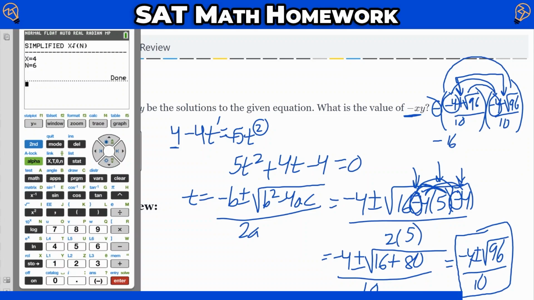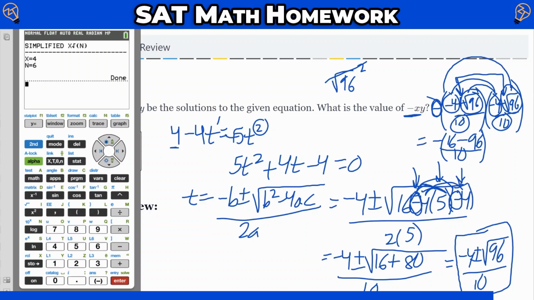So now I just have to multiply the last ones, so the positive versus the negative, which multiplies to give you a negative. Root 96 times itself is going to essentially be the same as squaring it, because it's times itself. The roots cancel, and I get 96. That's all over 10 times 10, or 100. I still have this negative in front. I got to make sure I make that clear that that's in front. And I know this is getting kind of crazy, and you're seeing why Desmos was really superior.